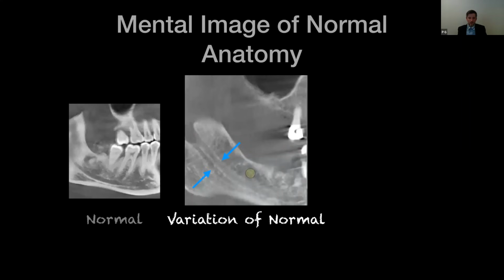So is it pathologic? No. It's just a variation of normal that you might want to consider if you were to be placing implants in this area. So not pathologic, but just a variation of normal. So again, we're comparing what we see in a cone beam scan with normal anatomy, what we think should be there.